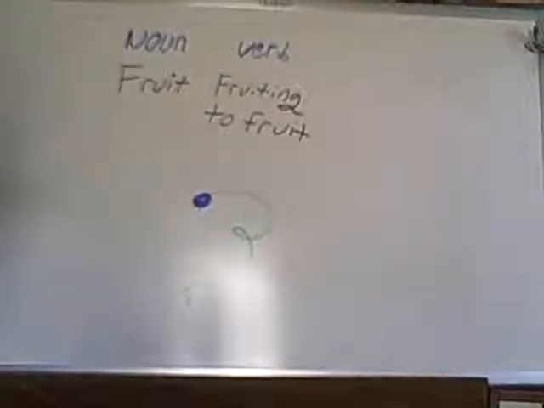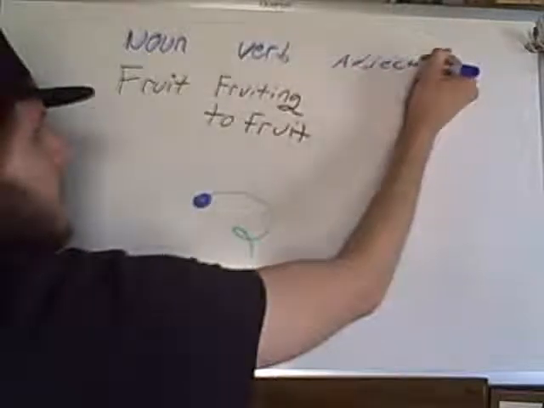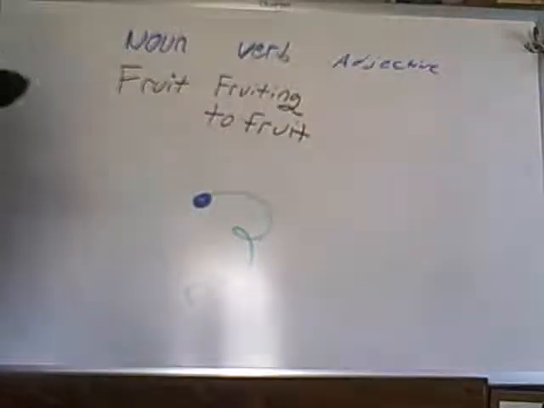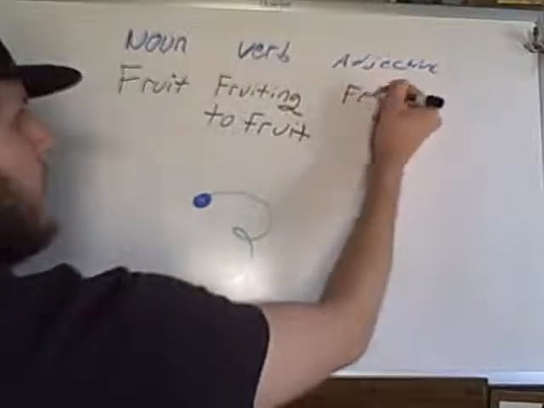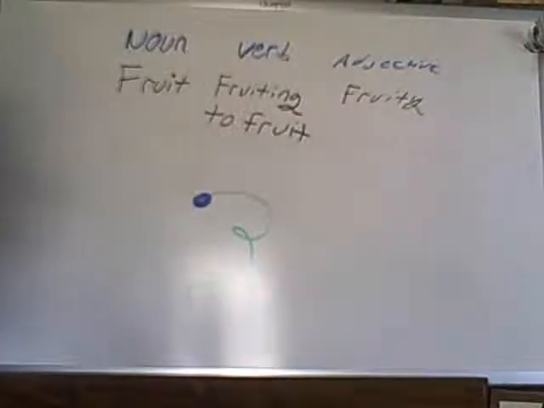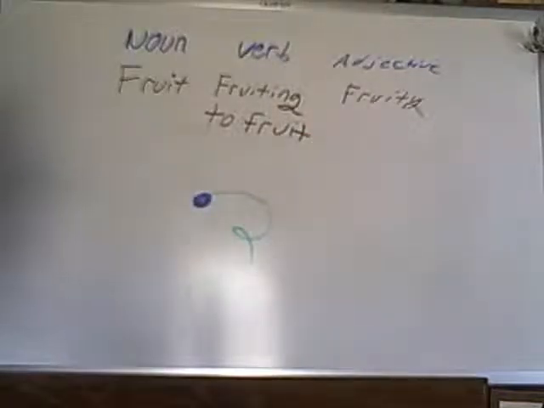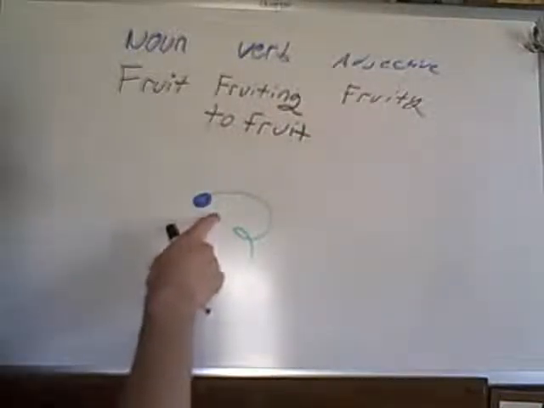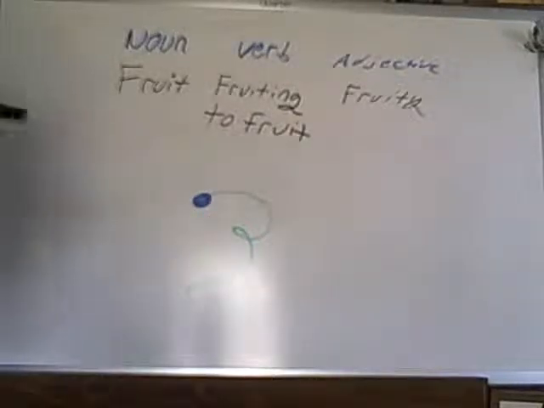And there's also an adjective form of fruit. Fruity. It means similar to fruit. So a common way that fruity is used is with the sense of smell. So this berry can be said to have a fruity smell because it smells like fruit, because it is fruit.